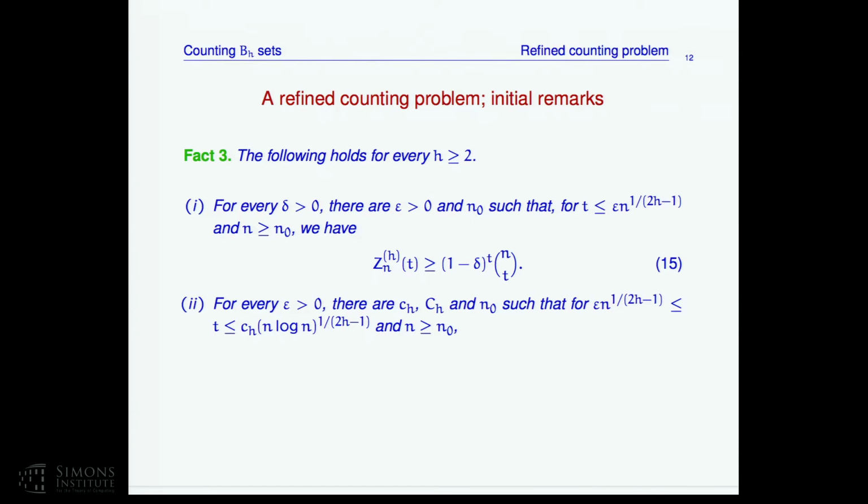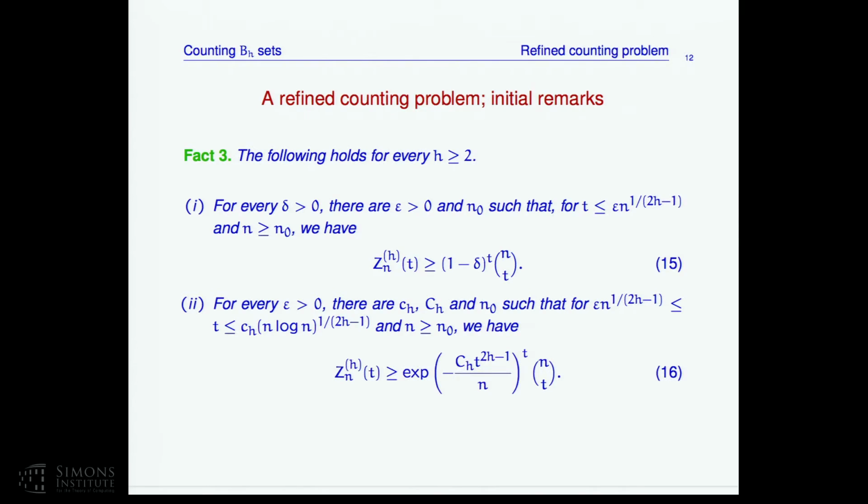The second remark is, you can ask what happens if you make t a little bit bigger. So maybe you're interested in t equal to 10 times n to the 1 over 2h minus 1. And actually, for this Regime 2 here, I will say the lower bound in a moment, you can go even some polylog factor above this power of n.